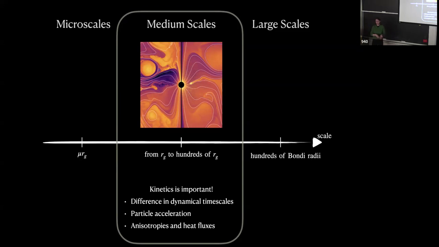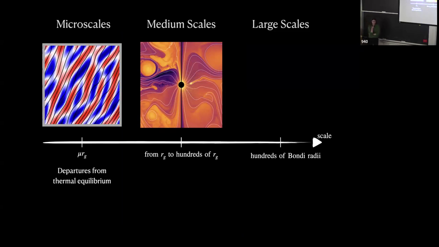Usually we put viscosity in the equations, which is isotropic, but here there will be anisotropic effects. Reconnection physics is also controlled by anisotropic pressure. So the order of magnitude is very similar, but there are many important differences in time scales, anisotropies, heat fluxes, and particle acceleration, important for understanding flares, which we observe in these systems.